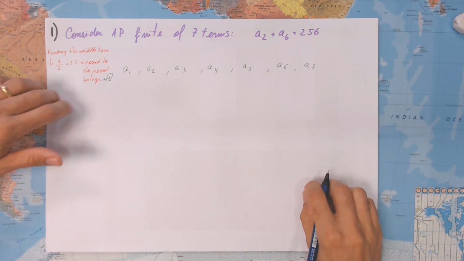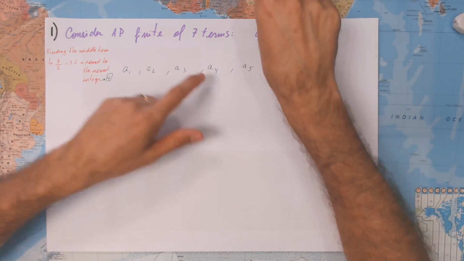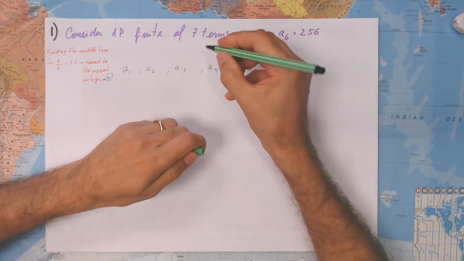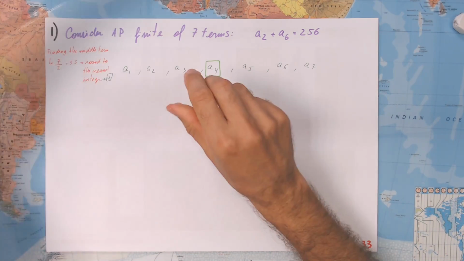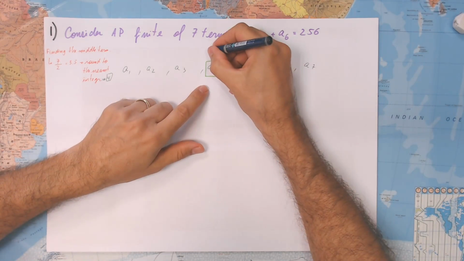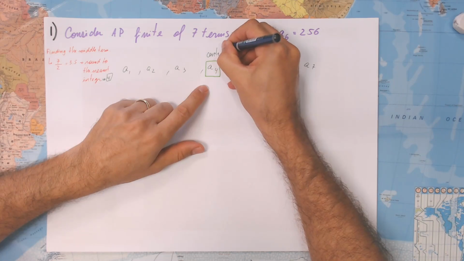So 4 is the middle term. Again, let's make it green. This is the middle term. Central term, okay, middle, the same.